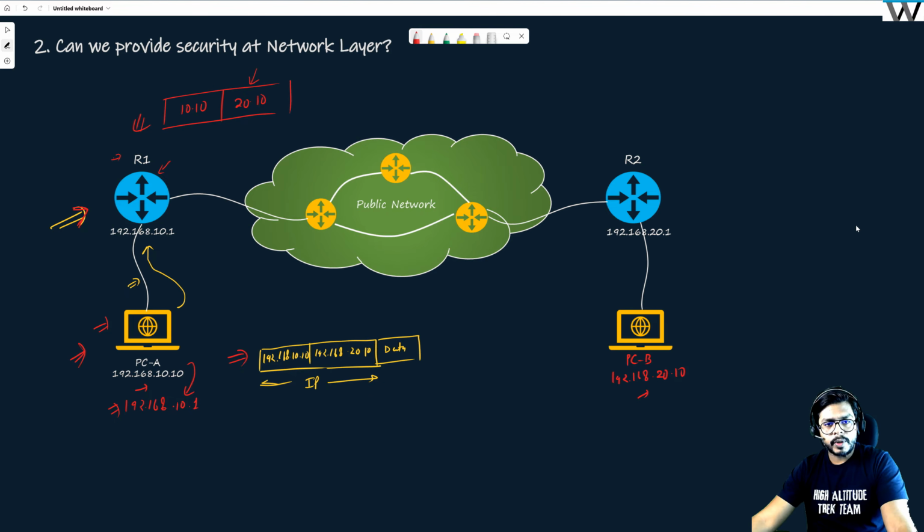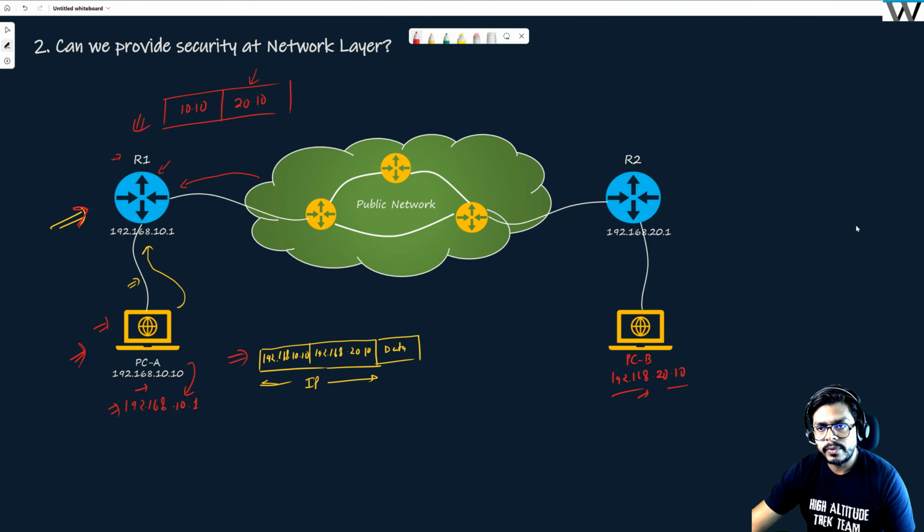But my point is, you can argue with me that this is the public network, and if you are receiving routes here, those are going to be public networks. And 192.168.20.10 is your private part of the network, right? You can argue with me about what these private and public addresses are.